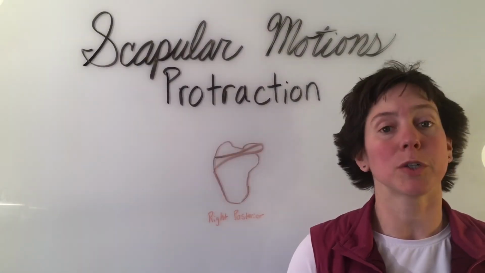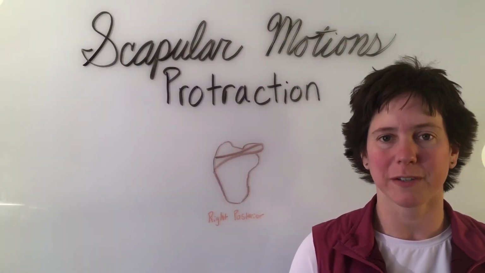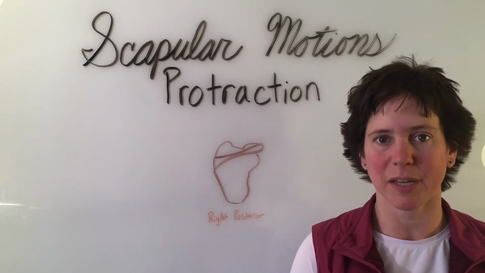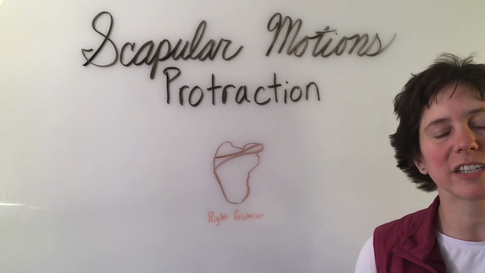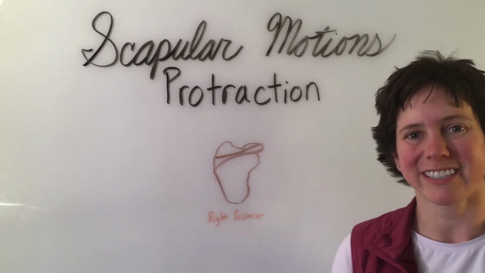The scapular motion of protraction involves abduction, lateral or upward rotation, anterior tilt, and elevation.